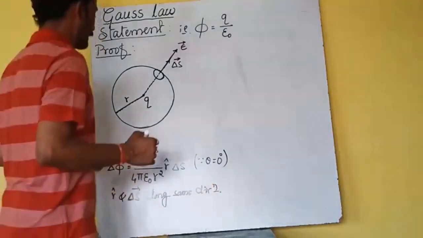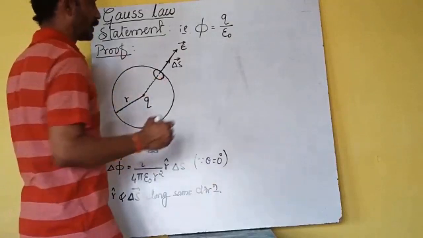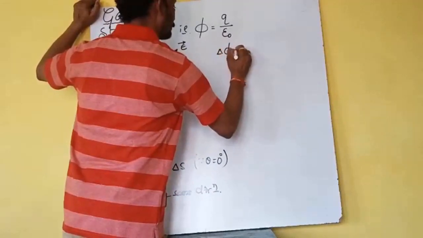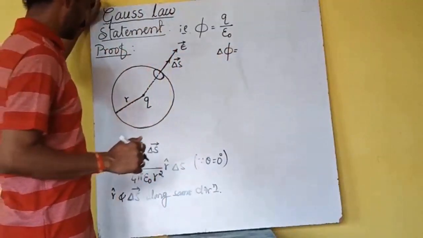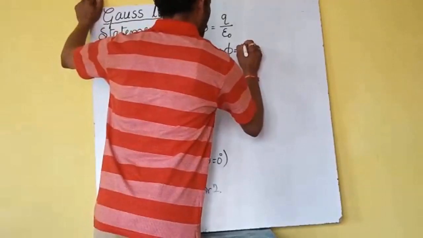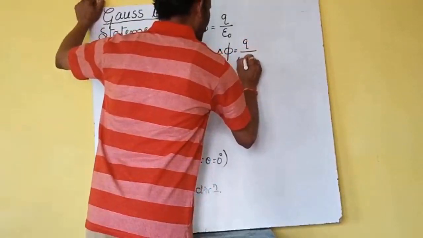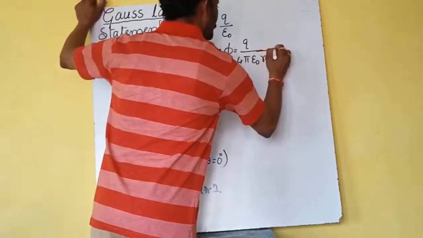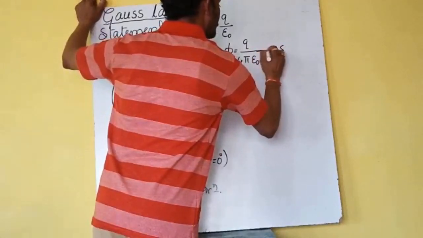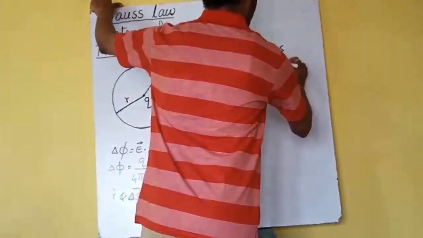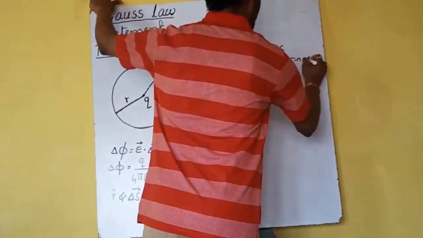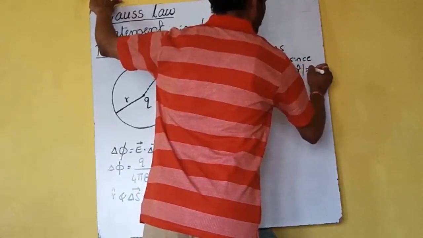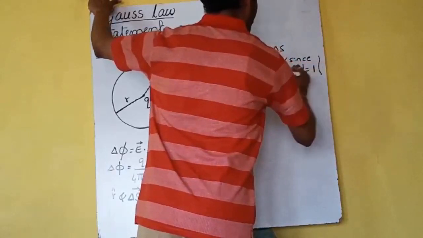Therefore, the electric flux through the small area element is delta phi is equal to q divided by 4 pi epsilon naught r square into delta S, since the magnitude of unit vector r cap is equal to 1.